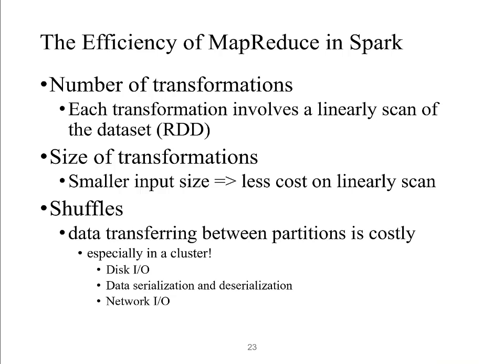So as you may notice, even for a simple word count, we have shown different ways to write the MapReduce code. And the most important thing is the efficiency. Here I list several factors that would affect the efficiency of MapReduce in Spark.